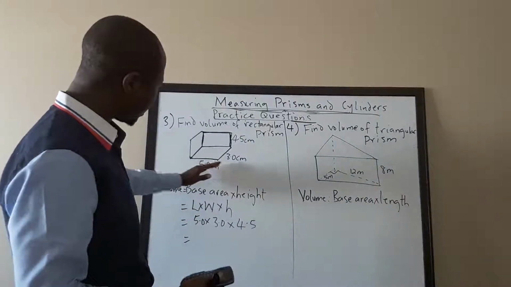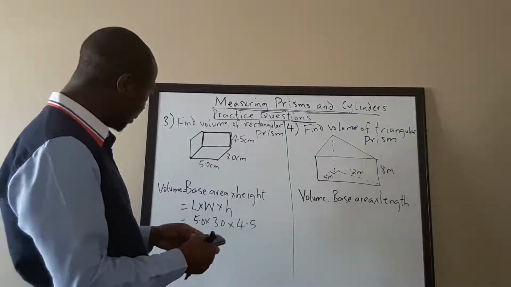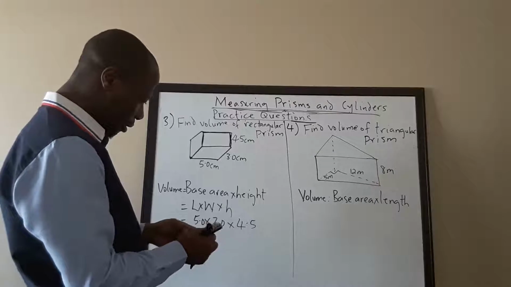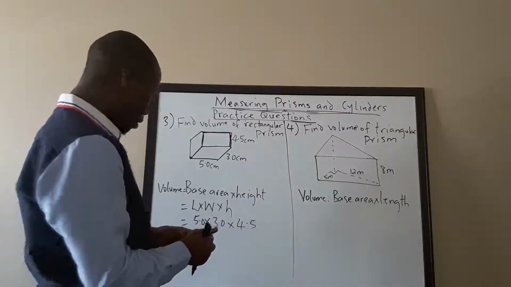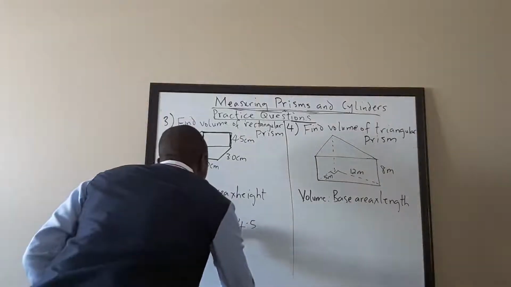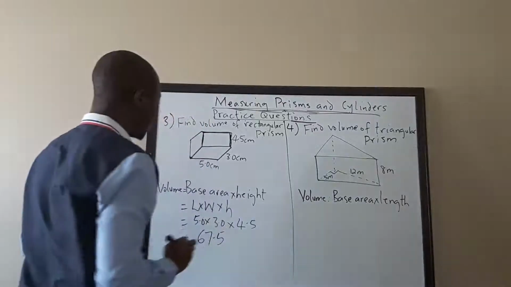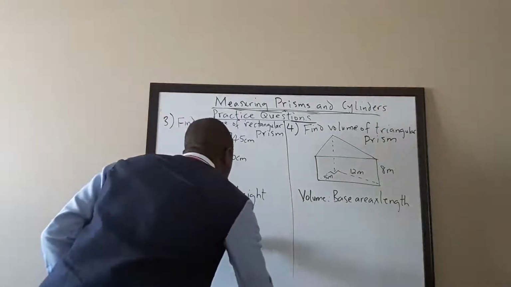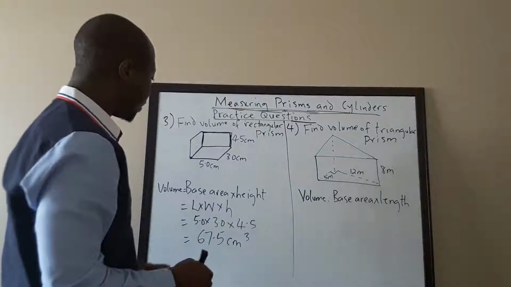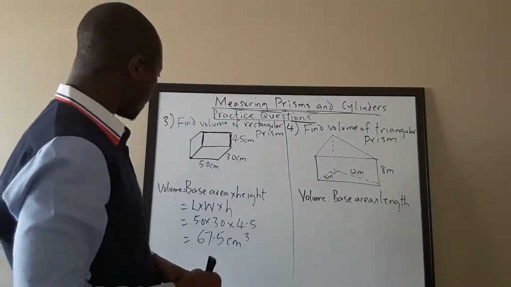So length times width times 4.5. So this is 67.5. It's cubed here because it's volume.